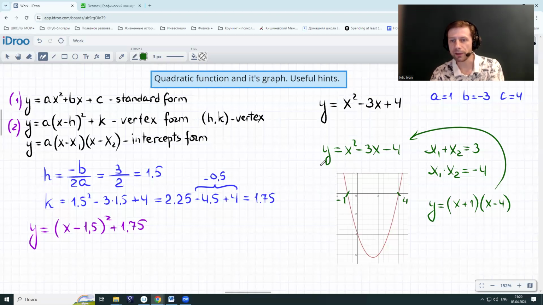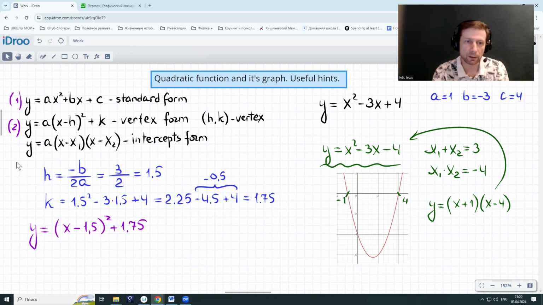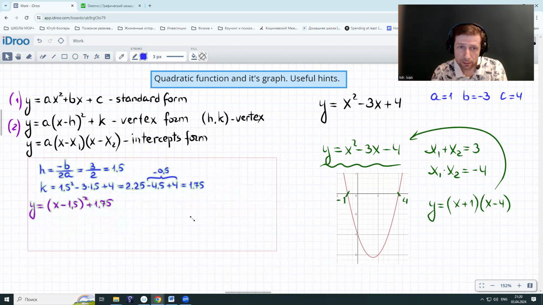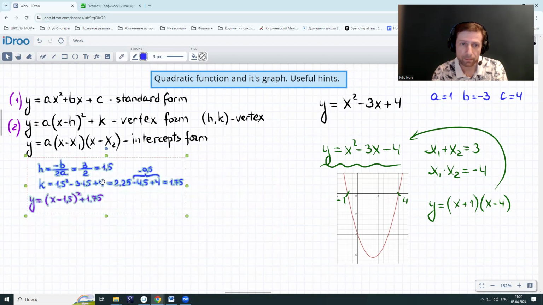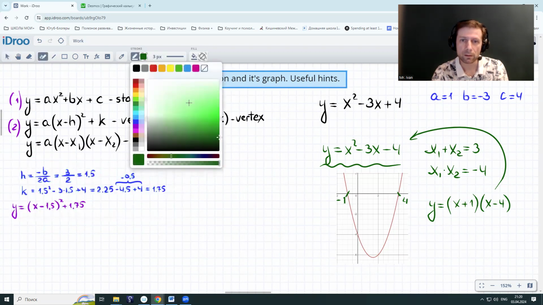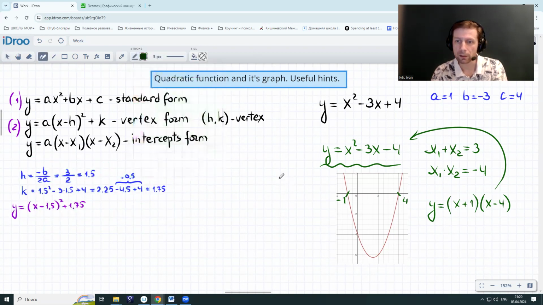But from this thing again, I could get the h and the k. Let me put it a bit smaller here. Darker. So again, for this one, I could say that h equals negative b, negative 3, positive 3 over 2a, which is 2, which is 1.5.